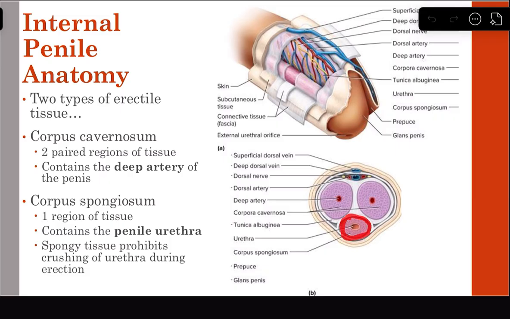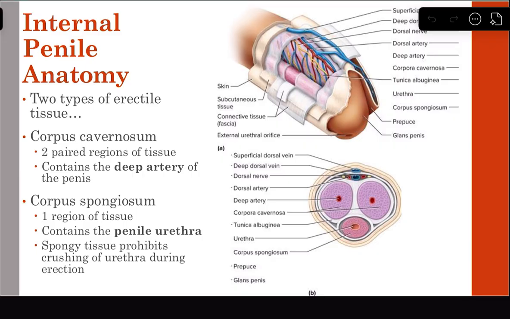This is one region of tissue containing the penile urethra. This spongy tissue of the corpus spongiosum is what prohibits the crushing, or the flattening, of the urethra during erection, because obviously in order for sperm to exit, there needs to be an open, patent pathway for that sperm to exit. So this corpus spongiosum functions in that regard.